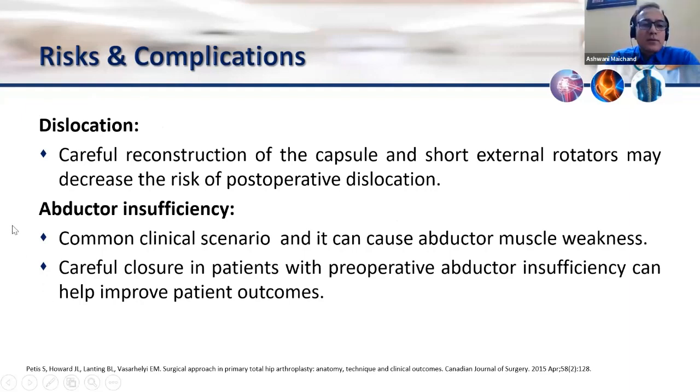Abductor insufficiency is again uncommon in anterior approach, but if you go through literature, chances of trochanteric fracture are more common in anterior approach. So the technique that they are using with that hook and by making a 45-degree angle of femur and hip when they are broaching the femur, that is excellent, and there are minimal chances of trochanteric fracture.